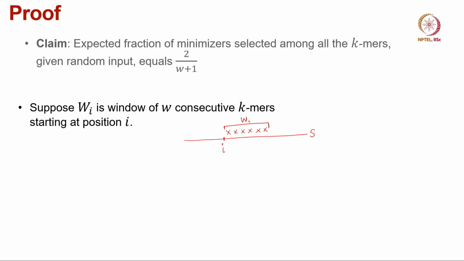So, Wi denotes the w consecutive k-mers starting at position i of the sequence S. Next, let me also denote ki as the k-mer starting at position i in the sequence S.